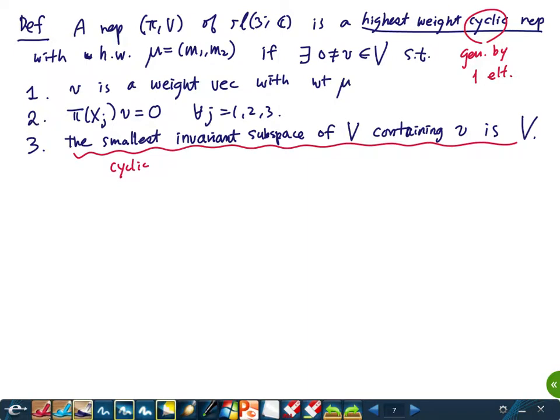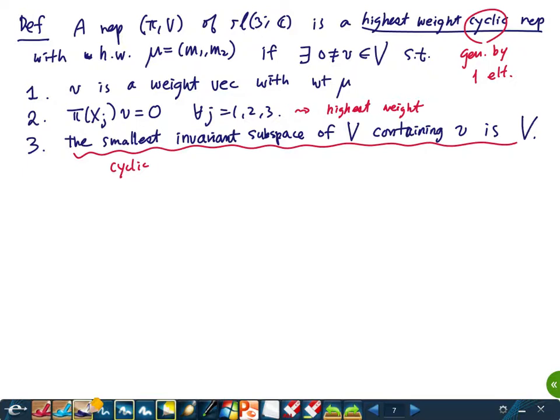And the second condition corresponds to the highest weight. The third condition means cyclic. So we call this highest weight cyclic. This will be a very important concept because it turns out that every irreducible representation is like this.